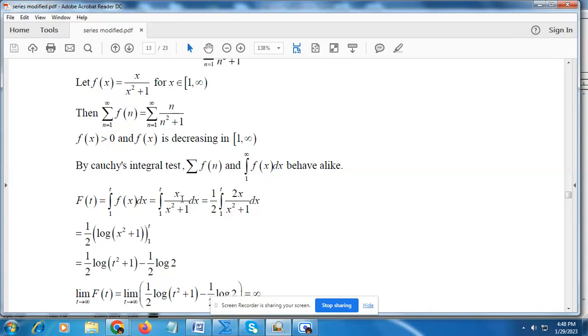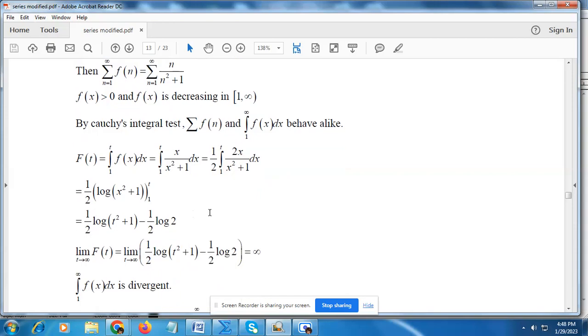Here there is no 2 in the numerator, so multiply with 2 and divide with 2. So the integral of f dash x by f of x is log mod f of x.